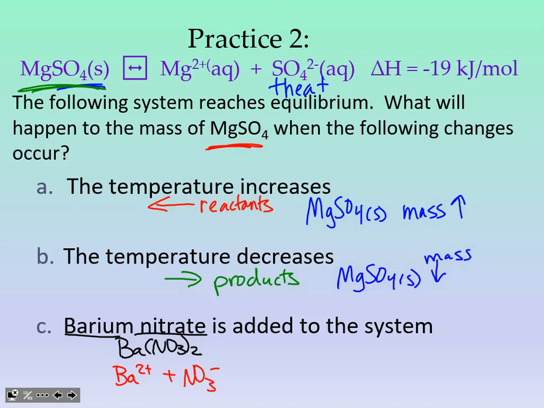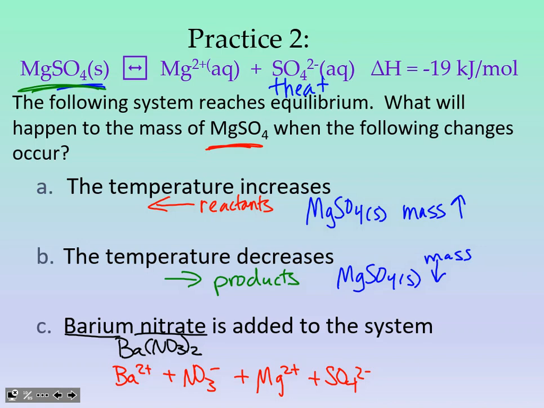What else is floating around in there already? The magnesium ion and the sulfate. Yes, there's still some magnesium sulfate at the bottom, but we do have those other two ions floating around.